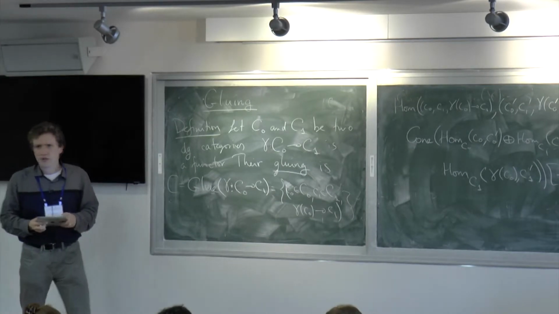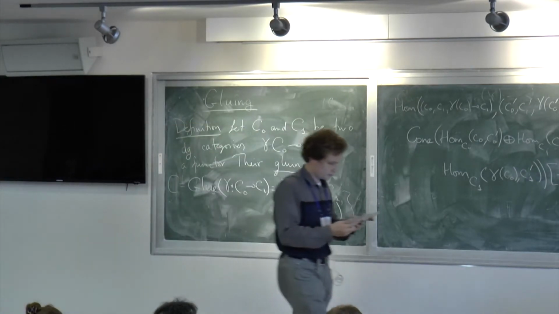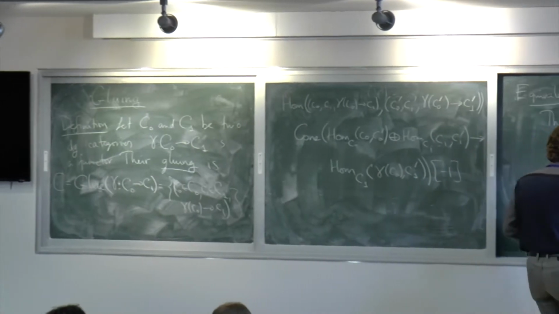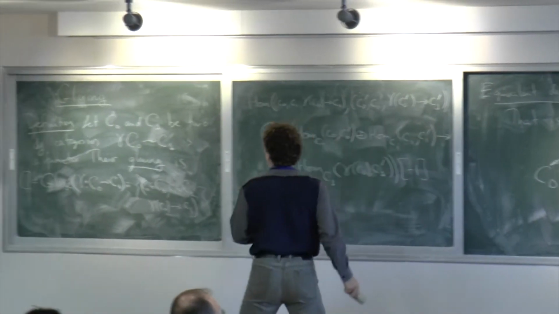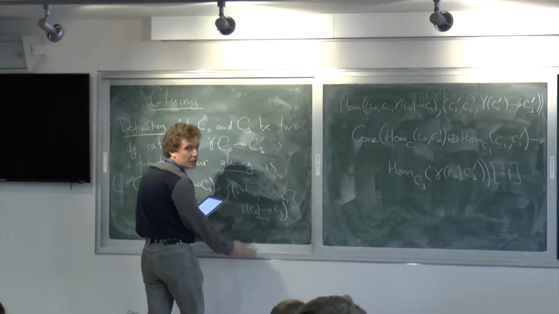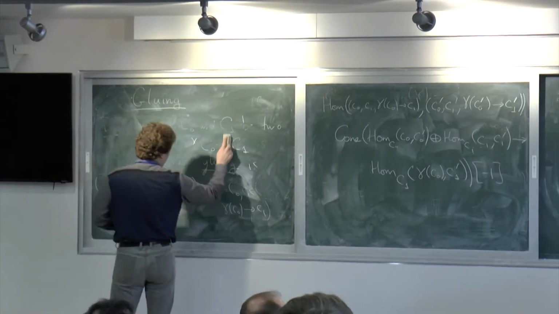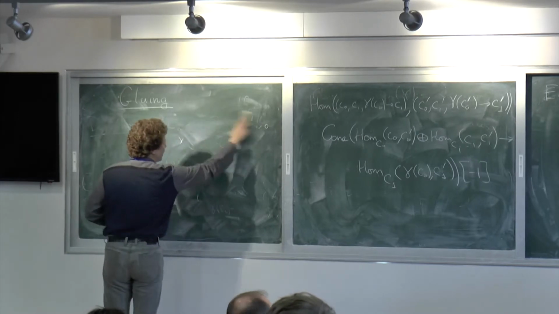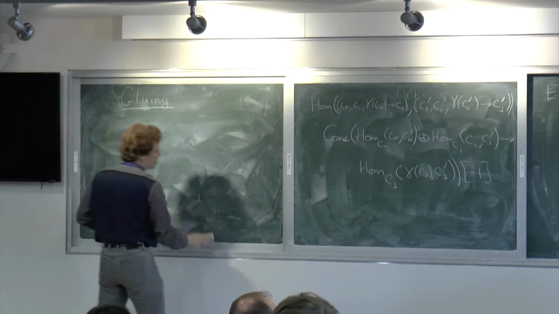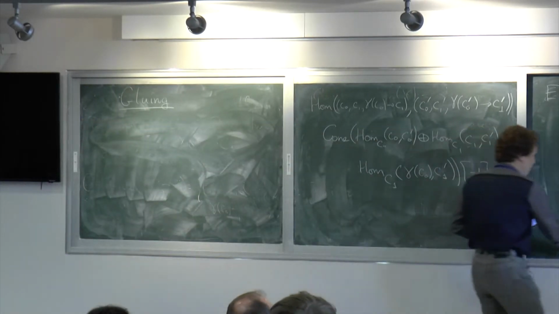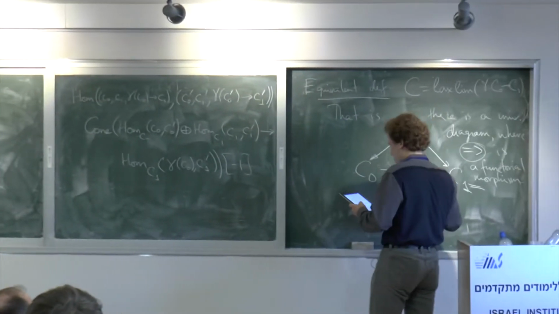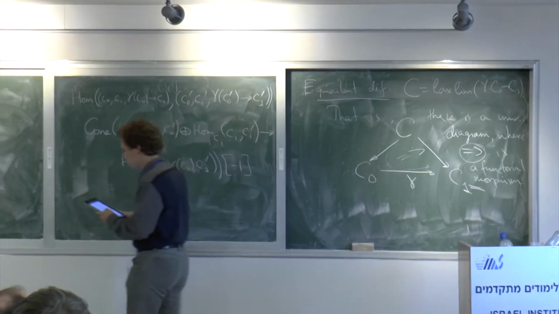Any other questions? All right. So let me also mention that, in fact, you can start from this diagram. But once you have this structure, there's a lot more that can be said.